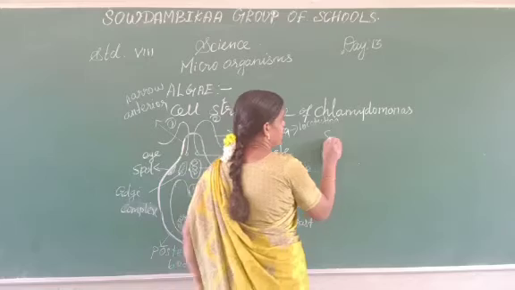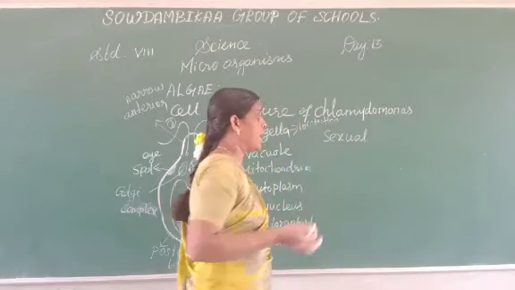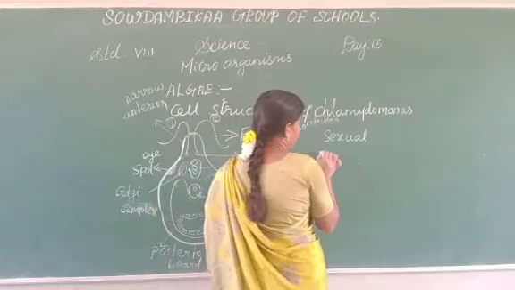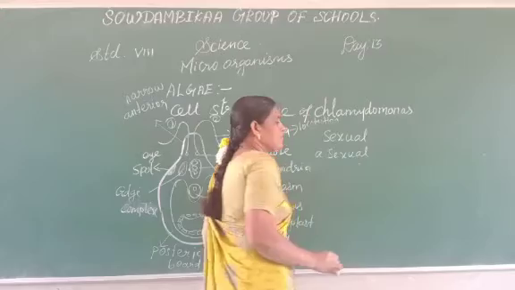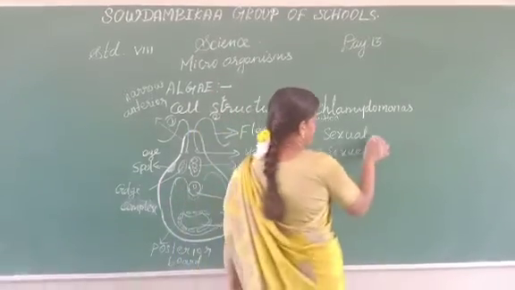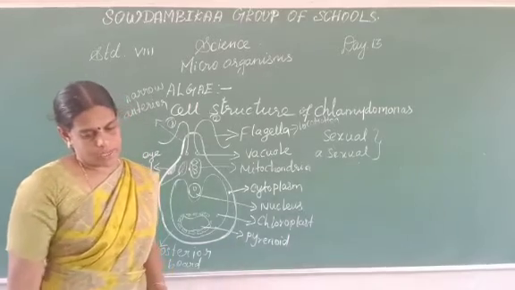Sexual means they have two organs, male organ and female organ. But asexual means they do not have organs. They reproduce by both sexual and asexual reproduction.